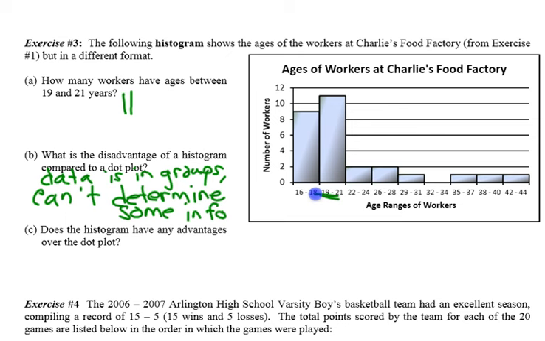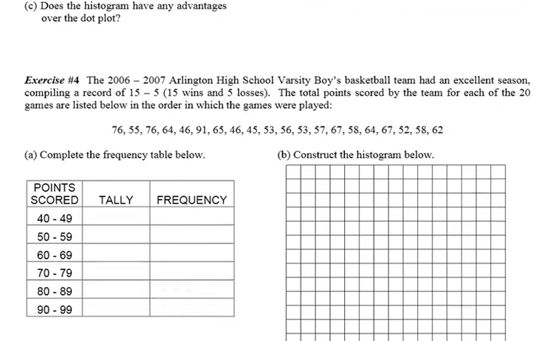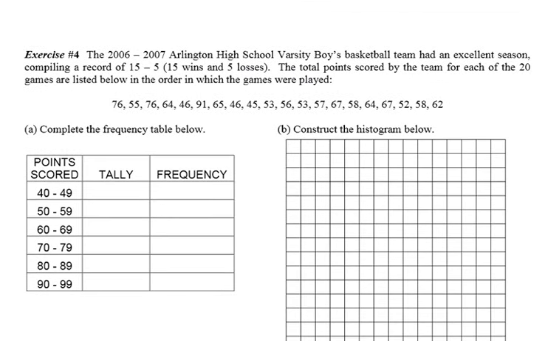It does if you are looking for where things are located, it tends to show that more, but we'll talk more about that one in class. Okay, now they want us to actually do a histogram here, so I'm going to fill in the tallies. Again, I'm going to pause it, and then I want you guys to come back and try it as well.